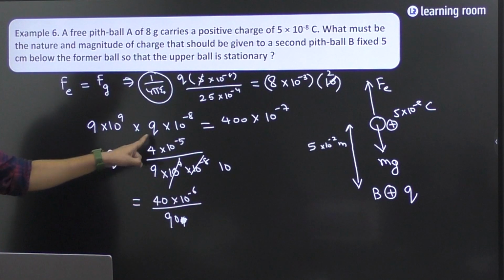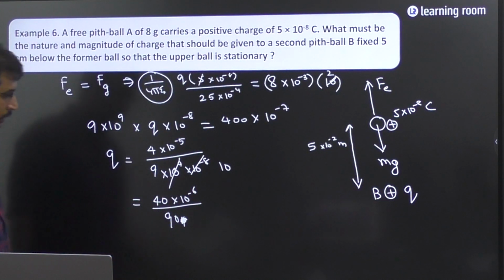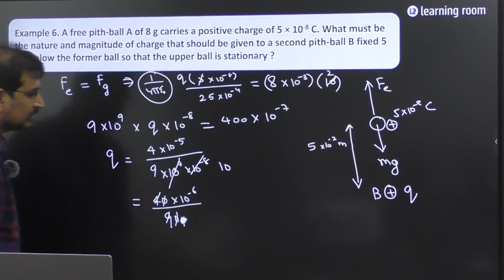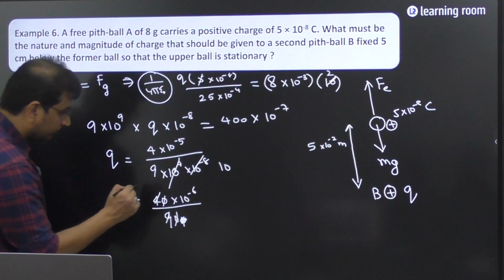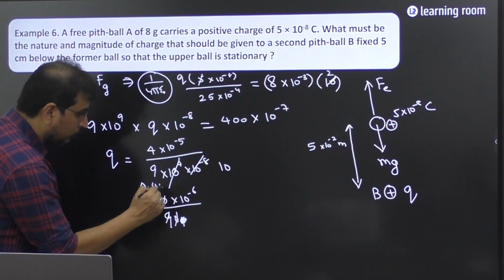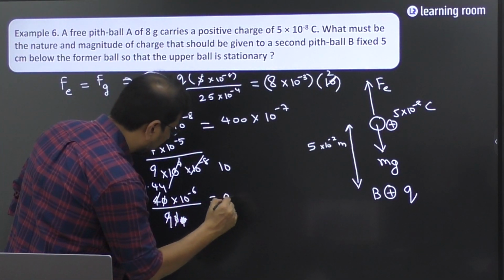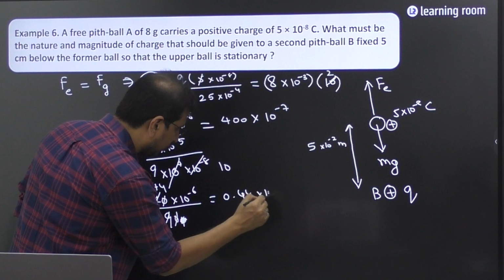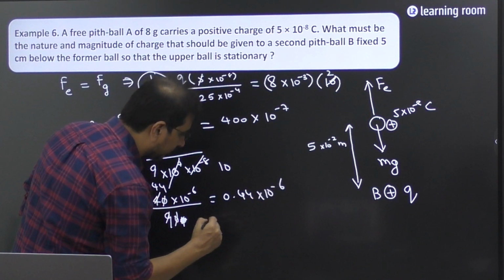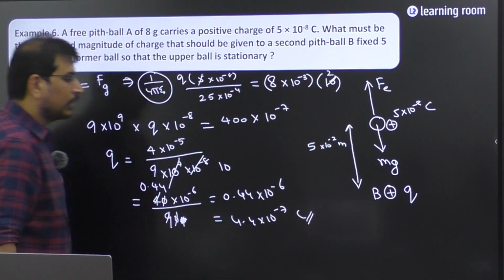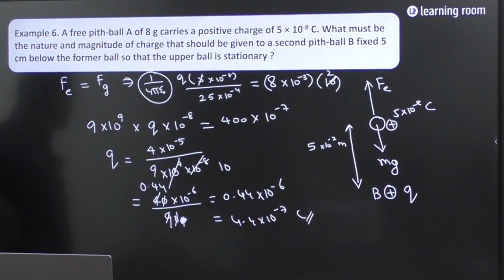Anyways, it's the same thing actually. So I can cancel this how many times? 0.44, it keeps on going. So answer will be 0.44 into 10 power minus 6, or it is going to be 4.4 into 10 power minus 7. So I need to place a positive charge of magnitude 4.4 into 10 power minus 7 coulomb.